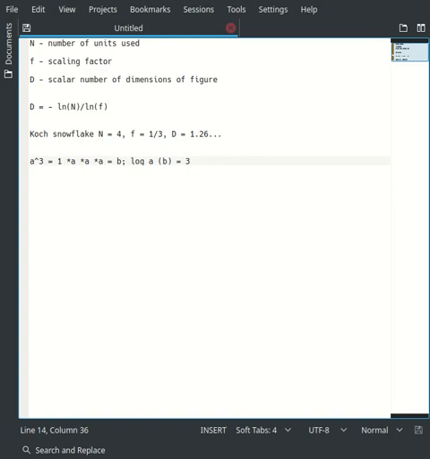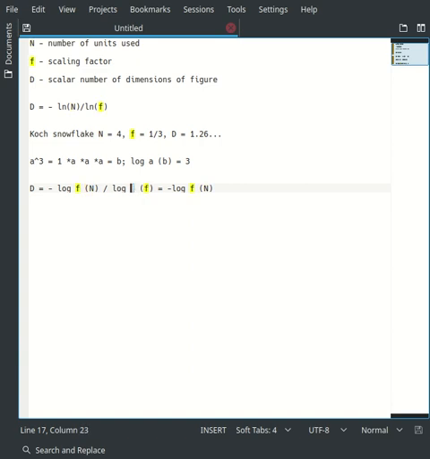Okay, so instead of doing just a random log base some scalar number, what if we do something like this, where we are taking, so this is really the same thing, right? This is the negative of some sort of log of n over some sort of log of f. It's the same as this up here. But what I'm doing is I am taking log base f of n and f.